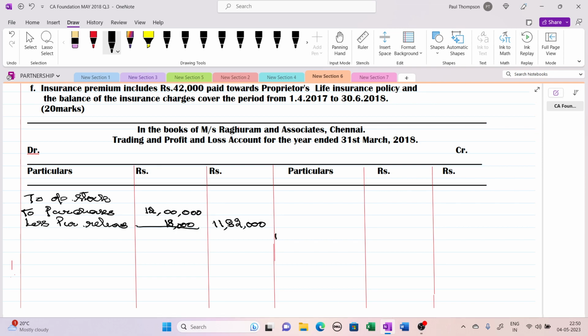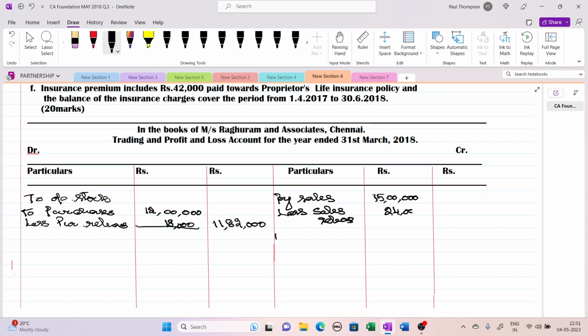Okay. Next item they have given sales. So here I am going to write sales 15 lakh. And they have given sales returns, less sales returns 24,000.